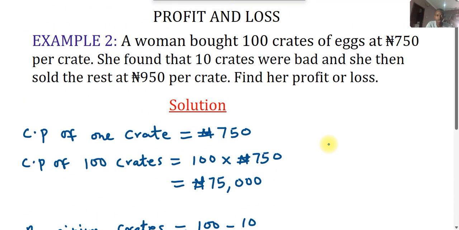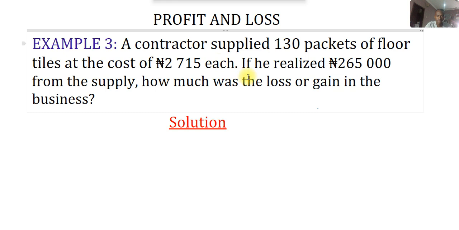So we move to the next one, which is the last. It's going to be the last example. Example 3. A contractor supplied 130 packets of floor tiles at the cost of 2,715 naira each.